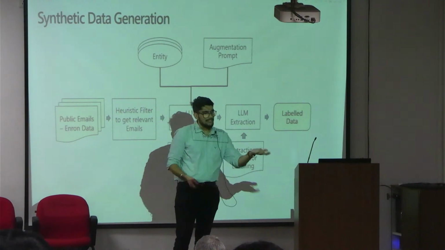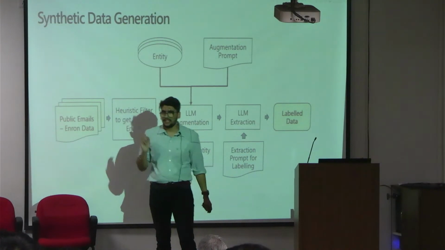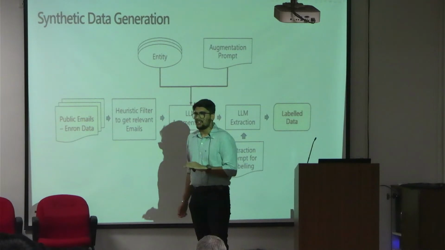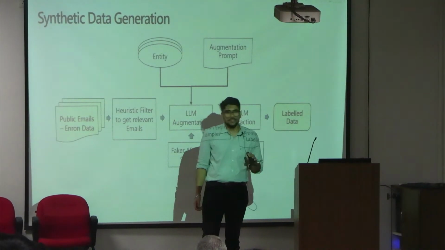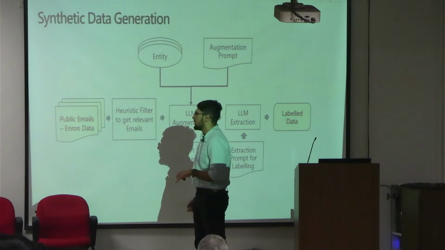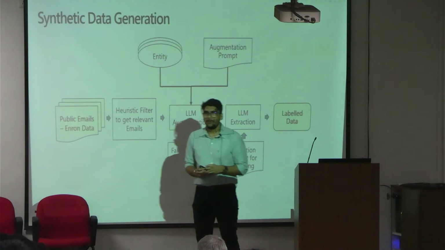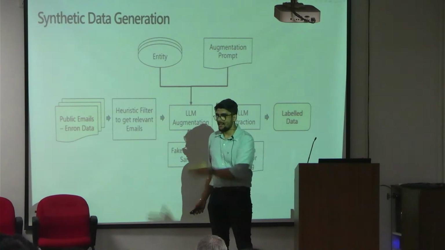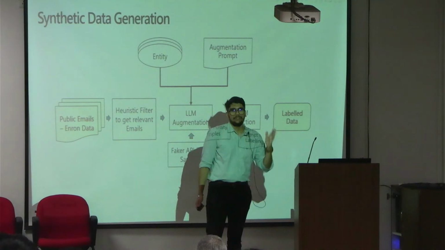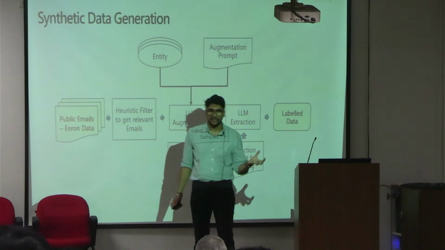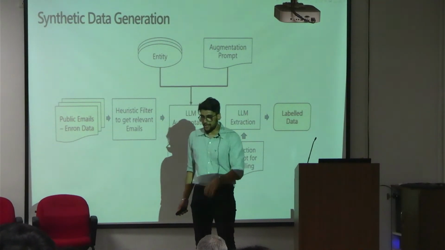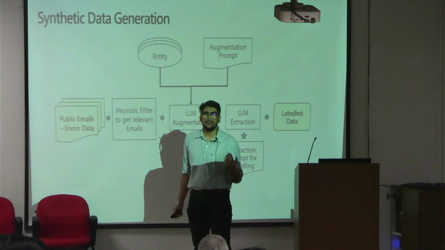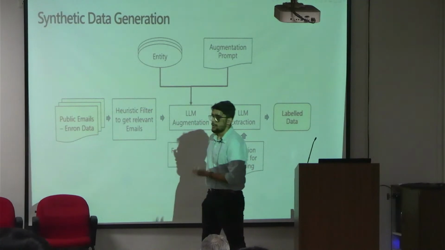Although Rajiv will discuss that this data set does not have as much variety as we can expect, this is pretty much public data. We use public libraries to generate this data, and we just use a simple prompt to annotate this. So this is entirely an automated pipeline where we augment the entities, that is also automated, and we label the entities, that is also automated. The only input from a user is a prompt.